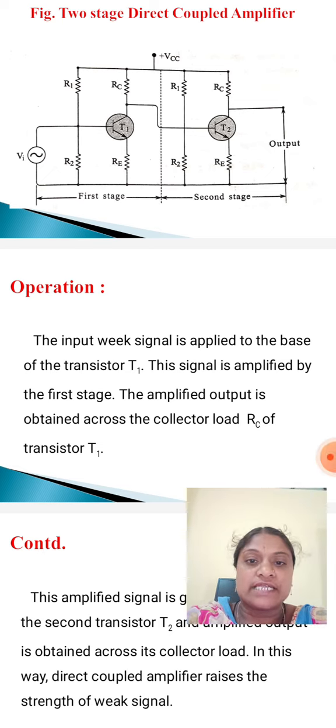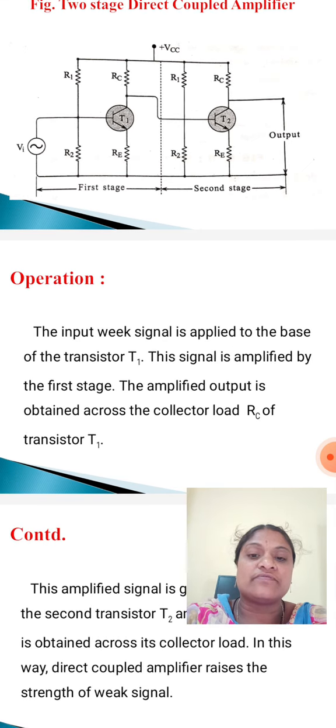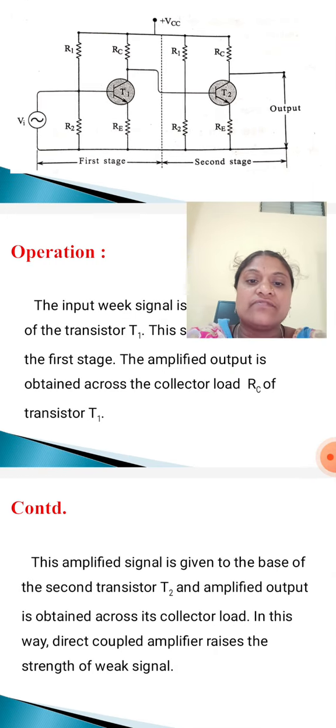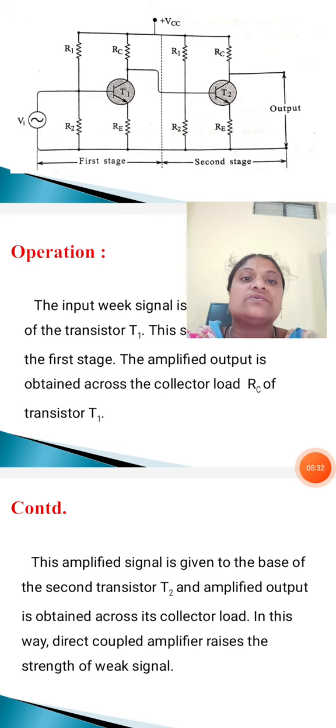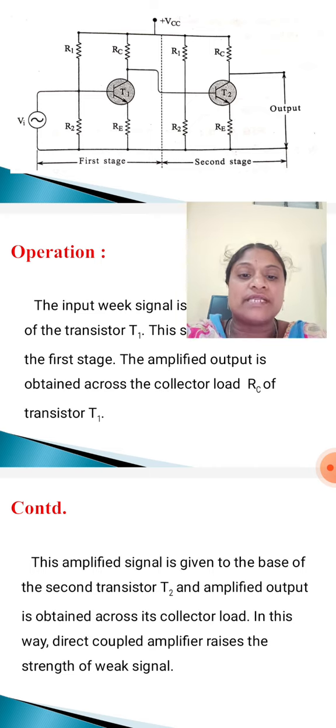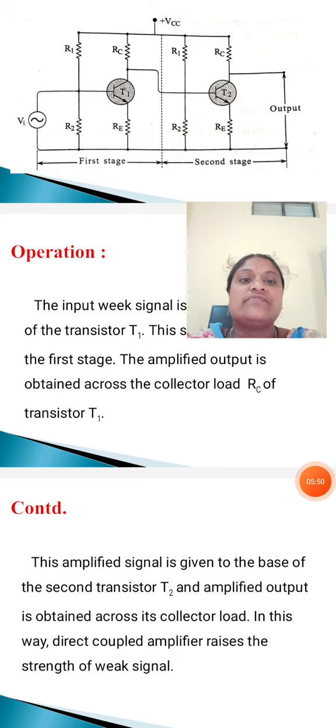Similarly, this amplified output signal of the first stage is given to the base of the second transistor T2, and the amplified output is obtained across the collector load of the second stage.